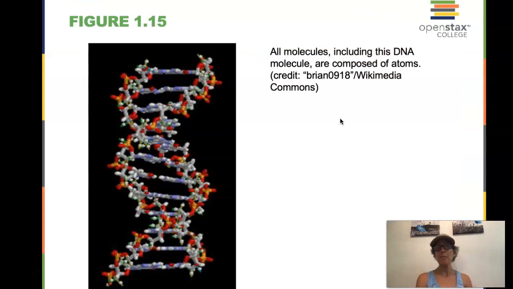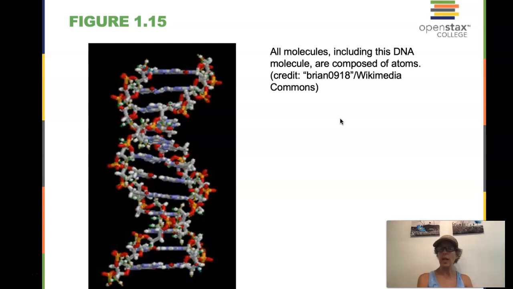This is a DNA model. Each of those little dots represents an actual atom. You learned in your chemistry class that atoms combine because the electrons in their valence shells can interact. Depending on the number of valence electrons will determine the number of bonds an individual atom can make.